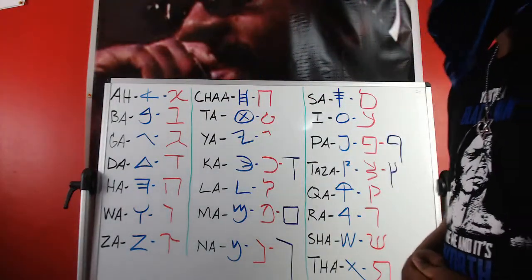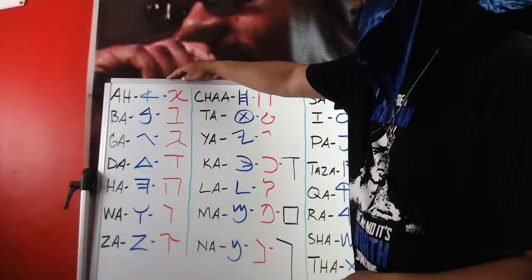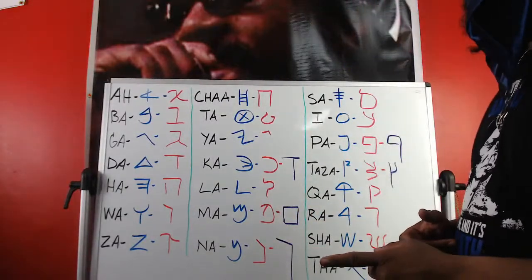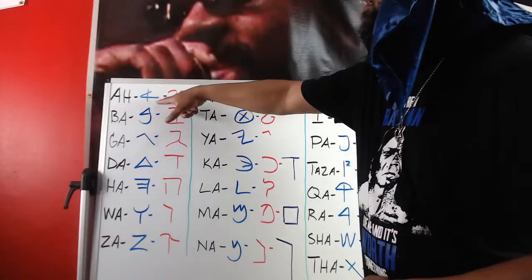Our refresher, going over our letters. Remember, we always have 22 letters in the Hebrew alphabet. Take it from the top, in the ancient Hebrew.